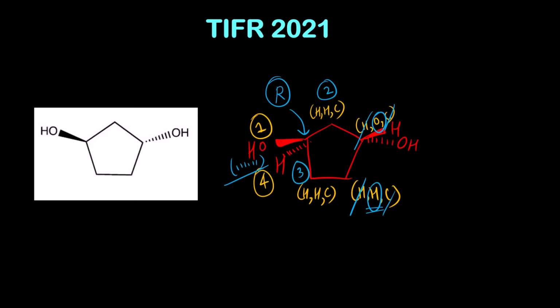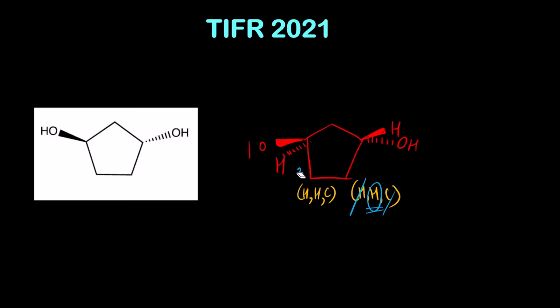Now let us find out for the other carbon. Let me first erase this part so that we can clearly see the second chiral center. So here there is OH, and now let us assign it for the other carbon. Again here OH will get the first priority, hydrogen will get the least priority.